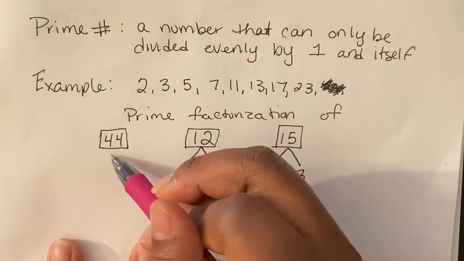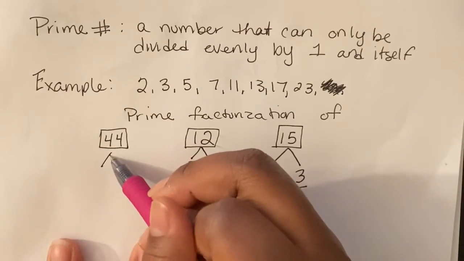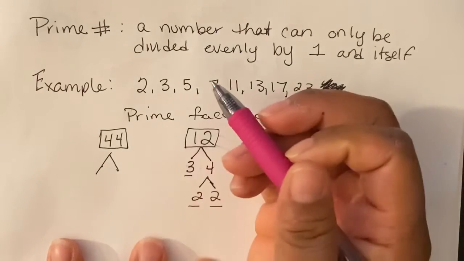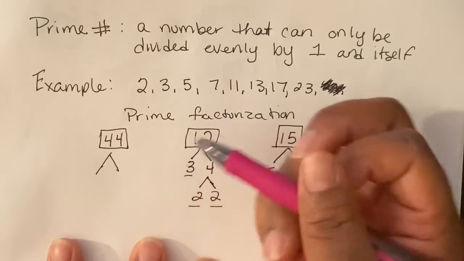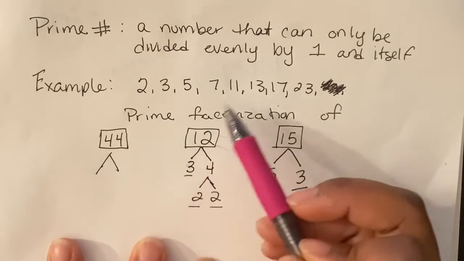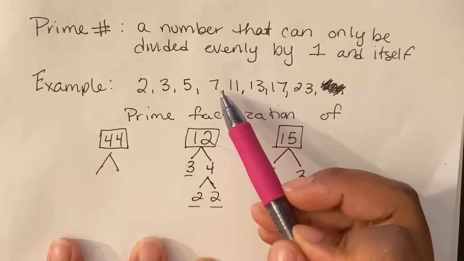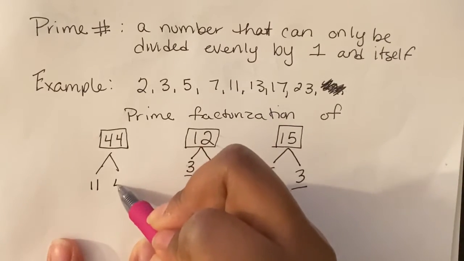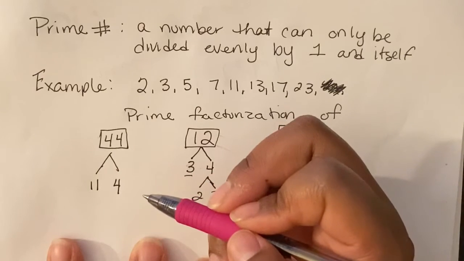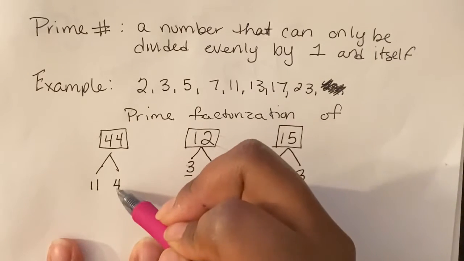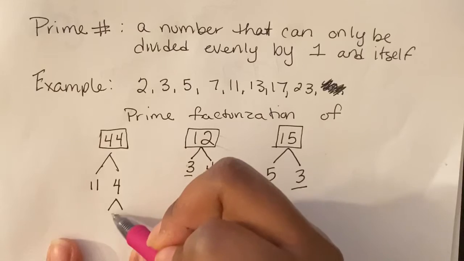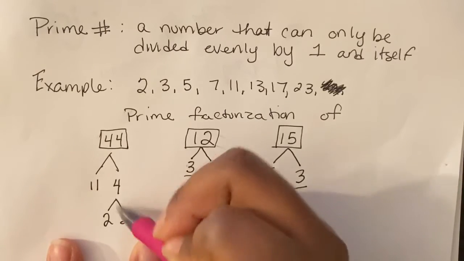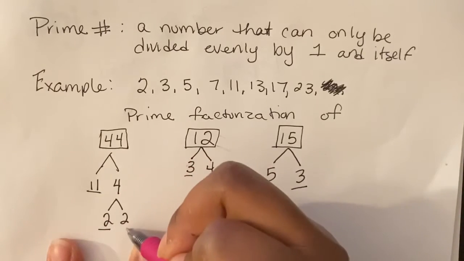Last but not least, the number 44. The number 44 can be divided by 11. That's the largest prime number that can go into 44. 11 times 4 is 44. 4 can be broken down into 2 times 2. And now I have all of my prime numbers.